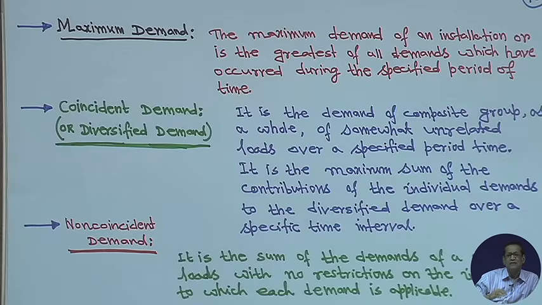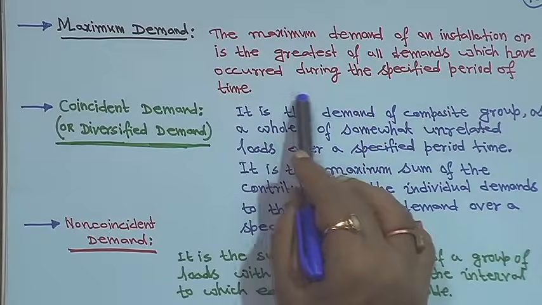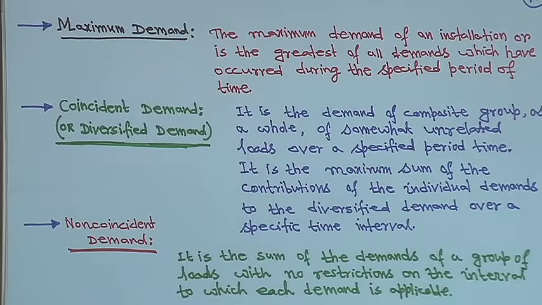Suppose you take from midnight to next midnight, so 24 hours. During 24 hours you see that for a particular installation or system, demand is increasing and decreasing. So in these 24 hours you note down the maximum demand. So that's why, during the specified period of time, that will be the maximum demand.